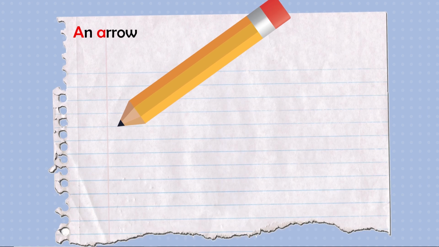Now we are drawing an arrow. First we draw a rectangle.